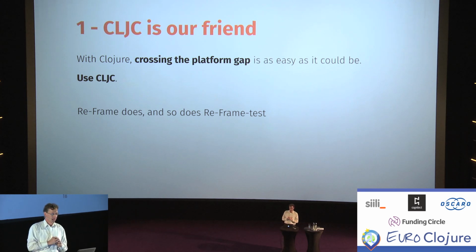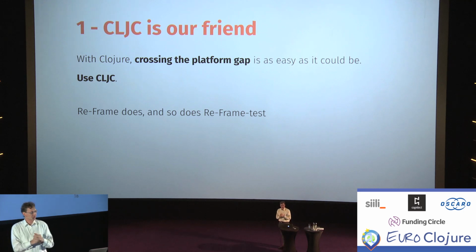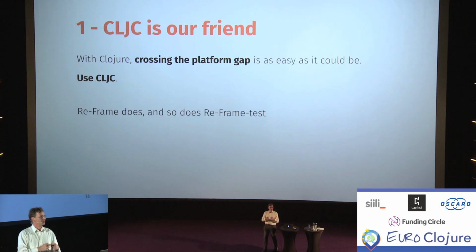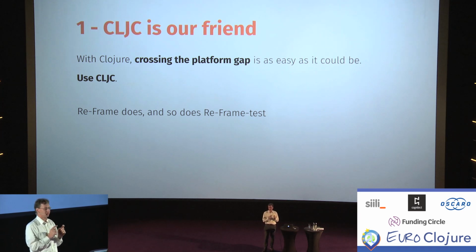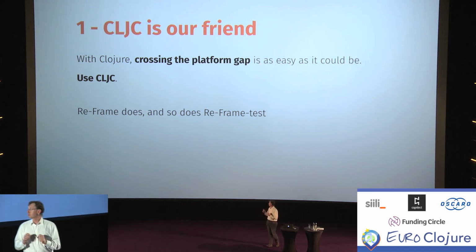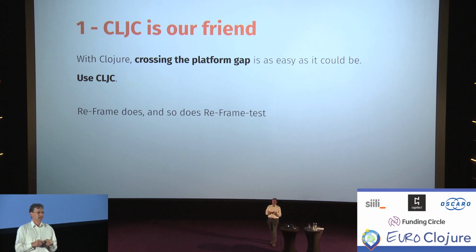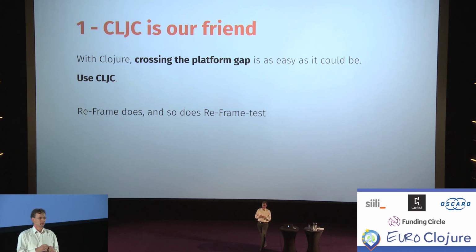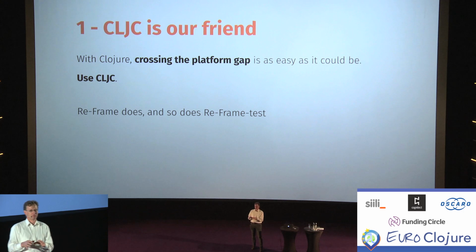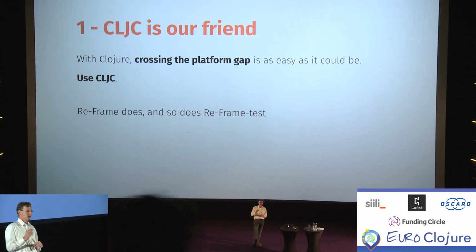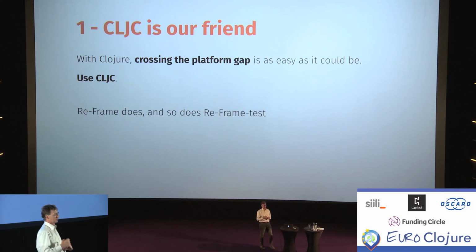CLJC is our friend. I really can't stress this enough, especially for everyone who's developing a library. Because the re-frame guys really did a great job here, because they enabled this front-end technology to run on the JVM in large parts. And they even developed re-frame-test, where you can run your tests in the JVM.